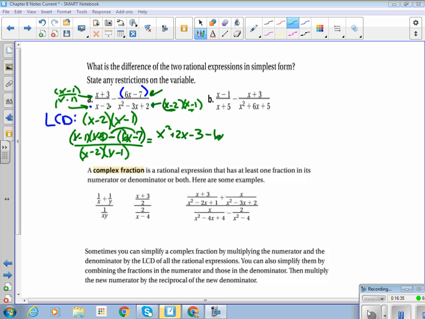Minus 6x plus 7 all over x minus 2, x minus 1. Now I'm going to combine like terms. So I get x squared, 2x minus 6x is negative 4x, and negative 3 plus 7 is plus 4.